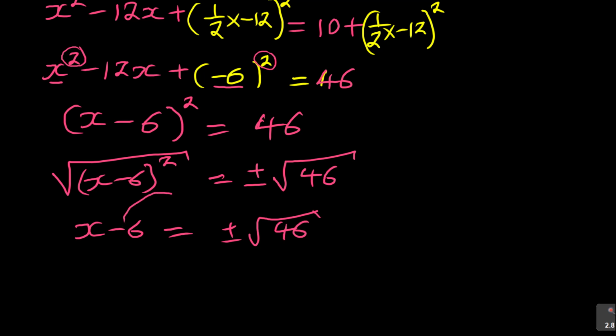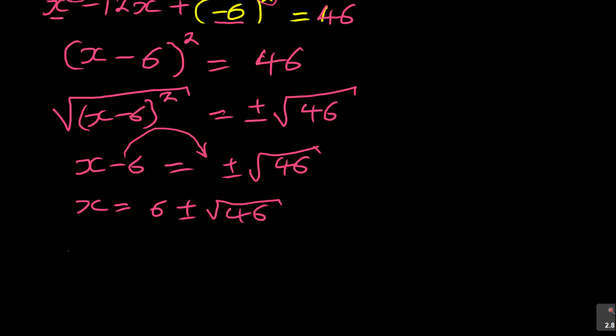Now take negative 6, it can come just before there. You can put it on the other side here, it's still fine, but it's better if you just write it like the quadratic equation. Remember, it's minus b plus or minus, so you can put it there. Are you seeing? So that you've got x is equal to positive 6 plus or minus square root of 46, and then you'll have two values, one positive, one negative.